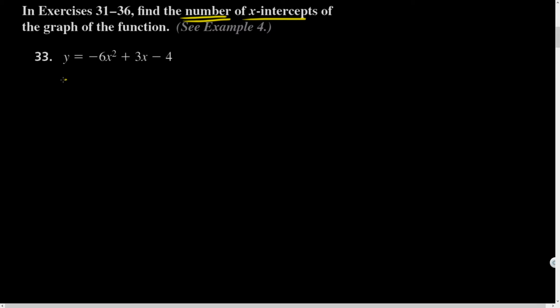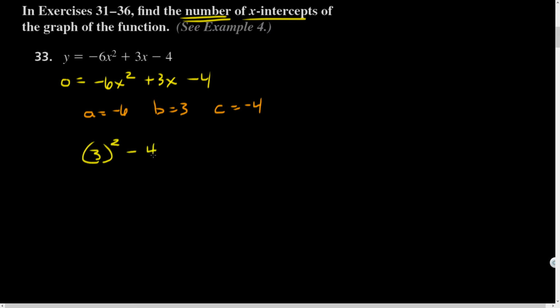So let's see. I'm going to set y equal to 0. Negative 6x squared plus 3x minus 4. X-intercepts occur whenever y is 0, and that's why I did that. So a equals negative 6, b equals 3, c equals negative 4. Plug that into the discriminant. 3 squared, or b squared minus 4ac.